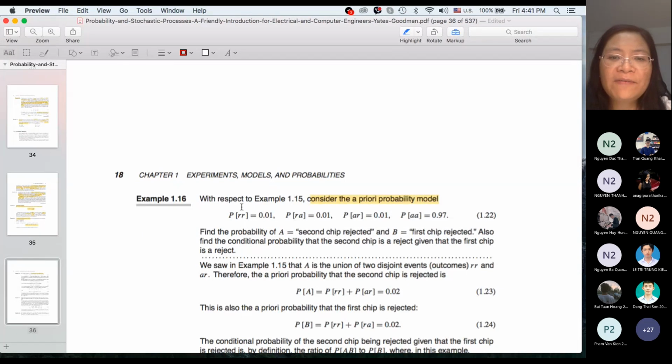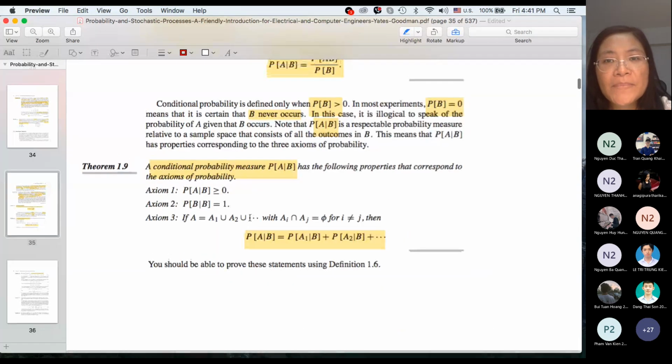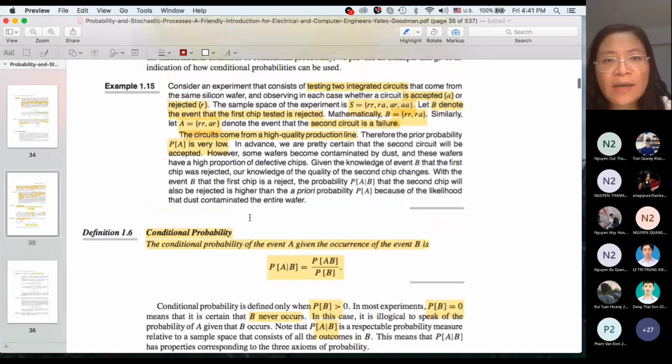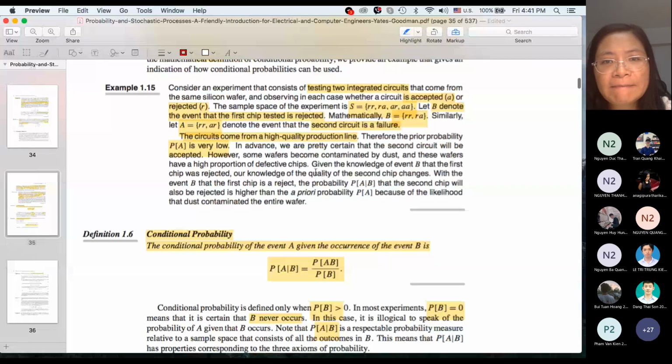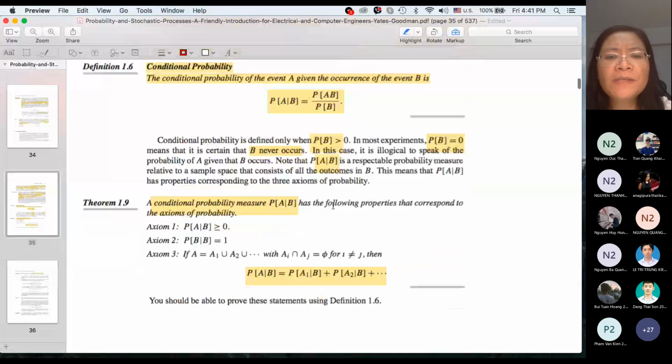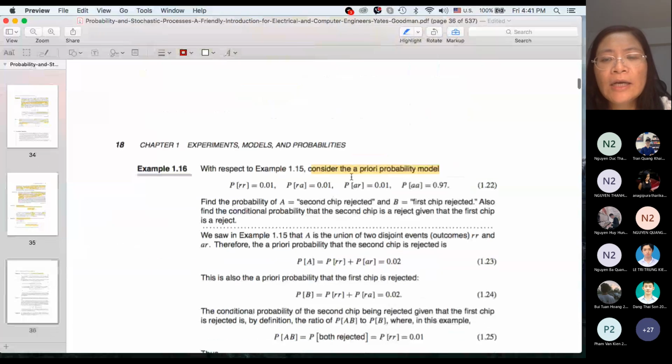We observe that the probability of RR equals 0.01, and likewise for RA, AR, and AA, following the map.